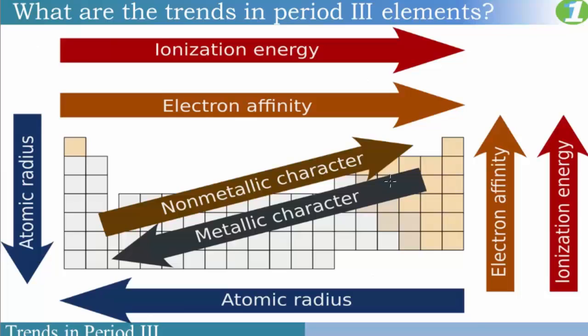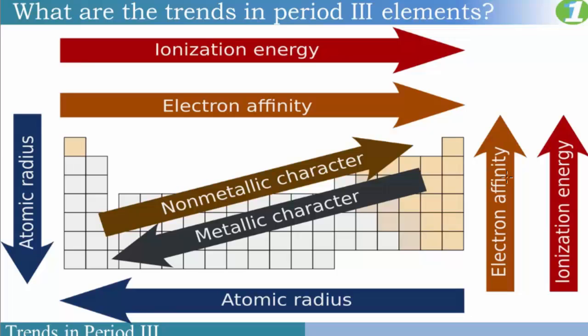Now here are some general trends about the periodic table that will assist you in understanding the trends in period 3. And we remember that some of these things were discussed earlier, in terms of atomic radius going this way, of course, it will increase. Ionization energy. We discussed metallic and non-metallic character. And of course, electron affinity, which was not discussed, but it's simply the ability to attract electrons.